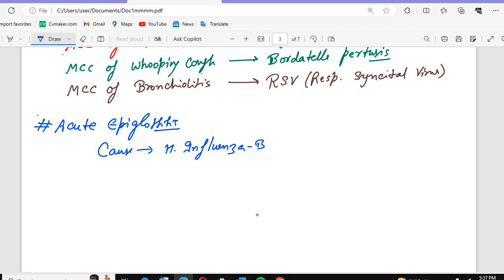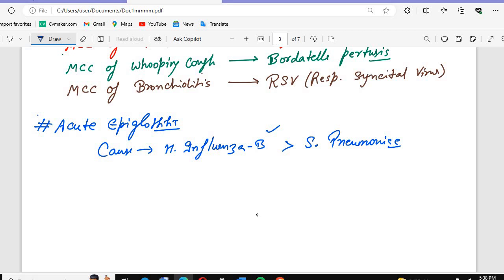B. And if Haemophilus is not in the options, then you can choose Streptococcus pneumoniae. If it is in the options, then you need to choose Haemophilus influenzae B. Again, if you get this question in the ministry exam, just send me the question, so we will discuss what the answer can be.